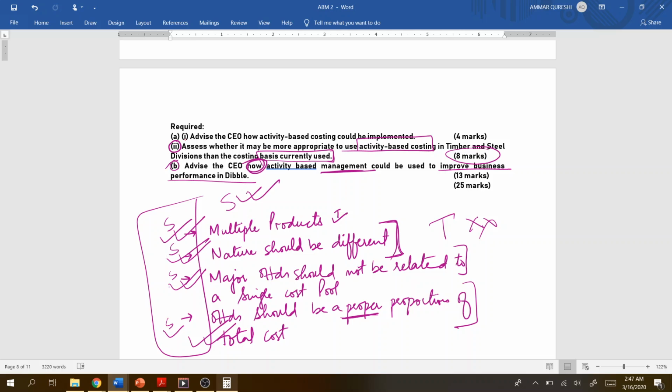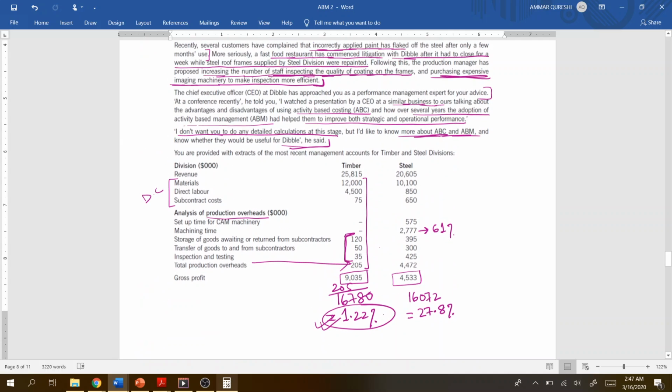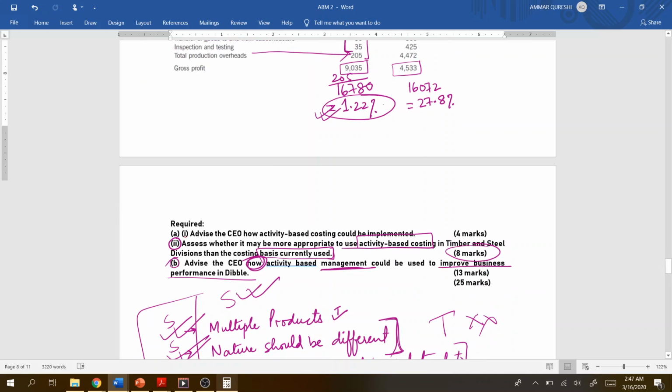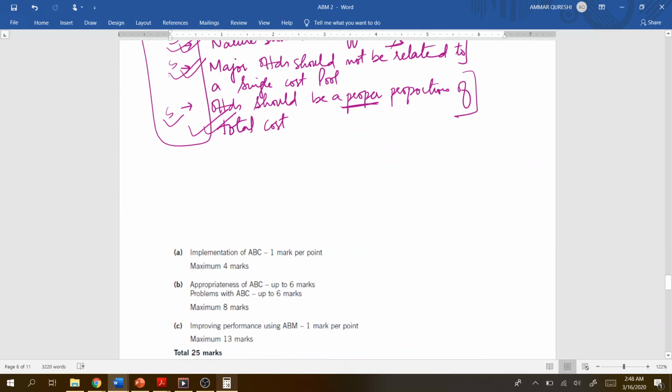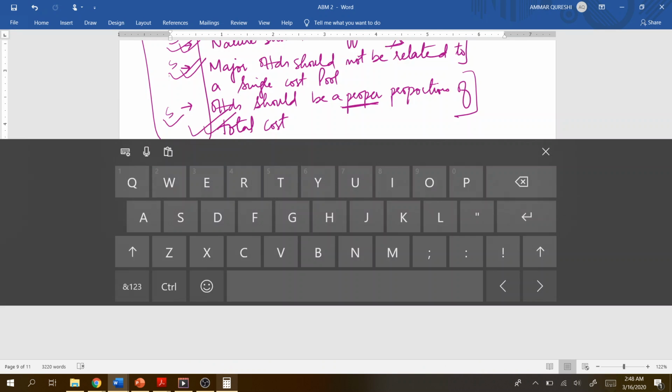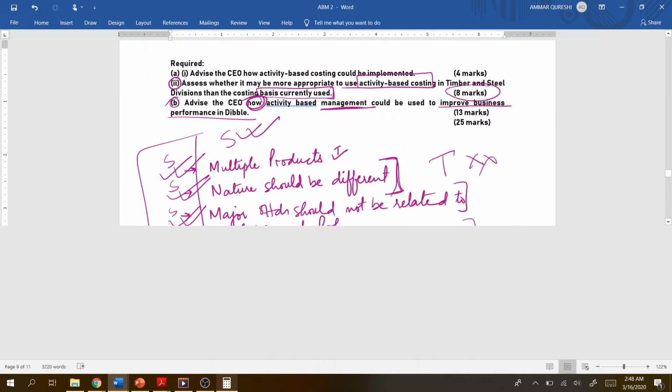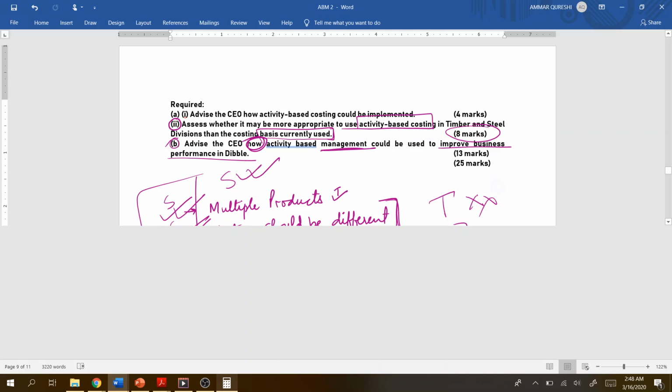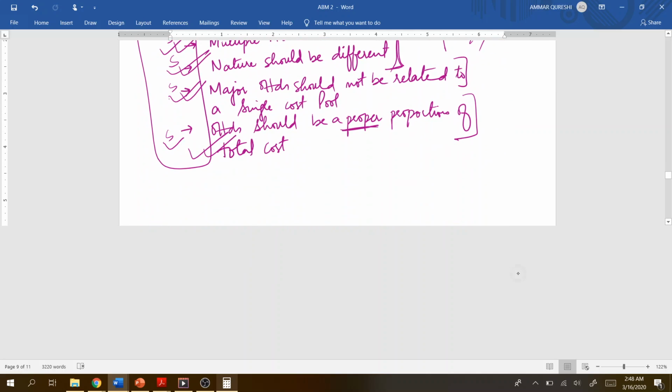The question is asking about the performance, right? So how do you think ABM can help the company? What we have studied in the previous part is actually related. I just wanted to show you guys a marking scheme, so we will do it later. All right.